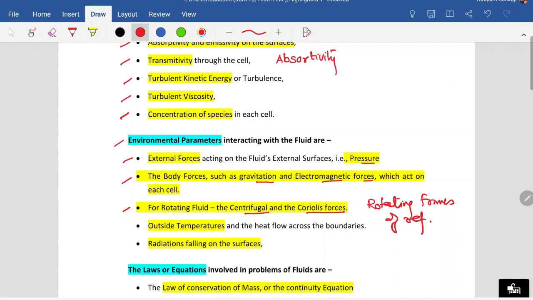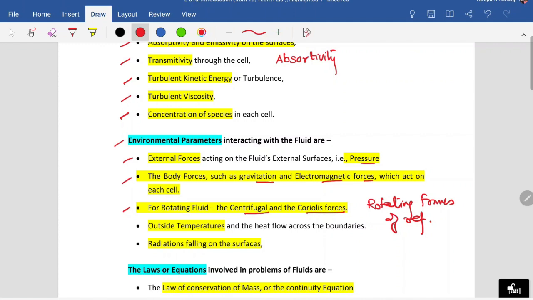These are imaginary forces. If you are talking about an inertial frame, these forces are not there. Your Newton equation will apply as it is. You do not have to talk about centrifugal force or Coriolis force.